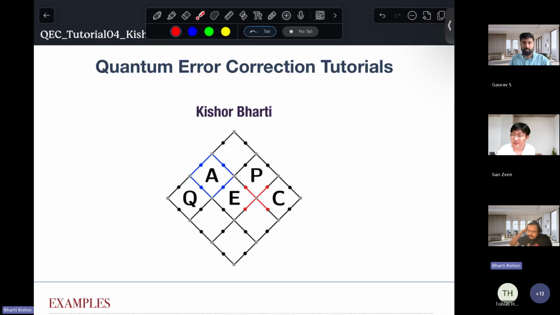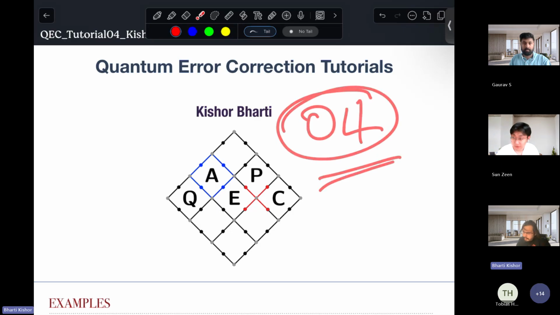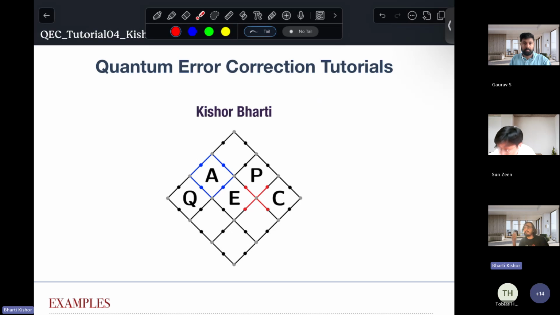Thanks, Zain. So let's today talk about topology. Today it's tutorial number 4, and we are going to talk about topology. In particular, we will focus on Z2 topology, basically Z2 homology and cohomology.